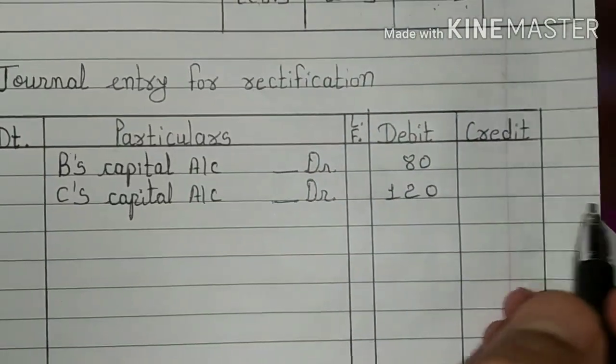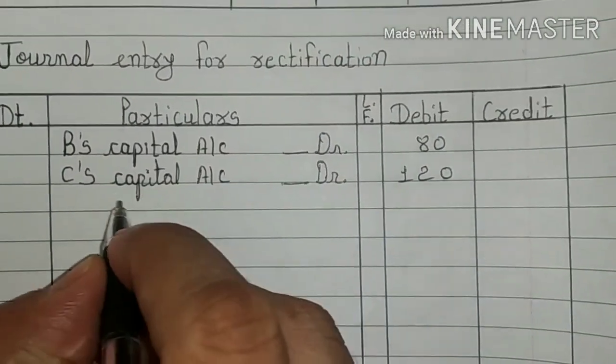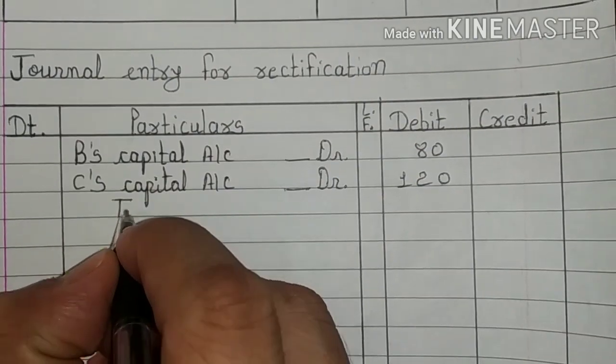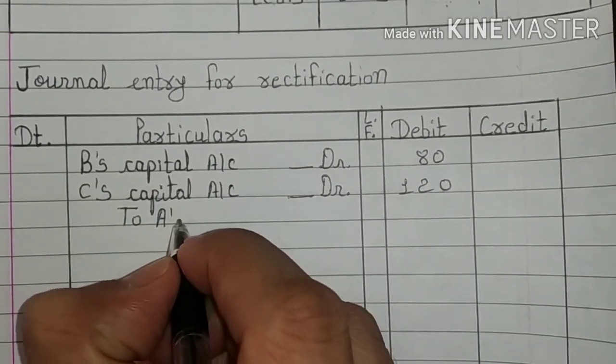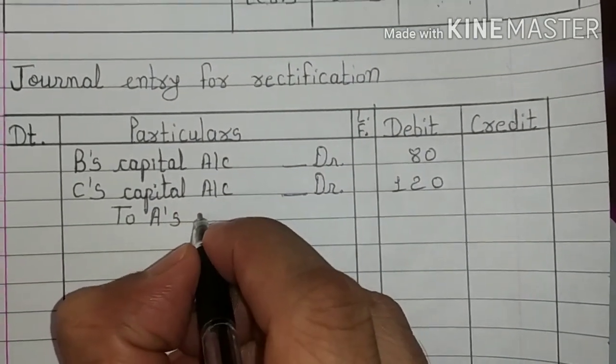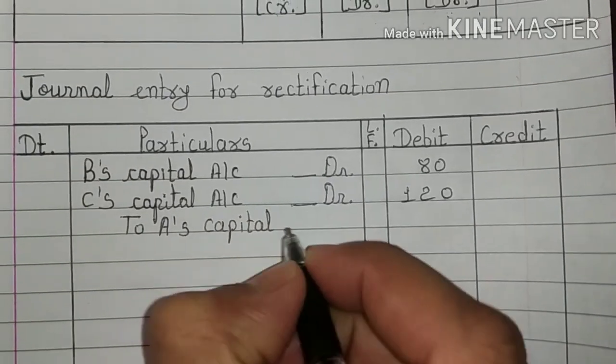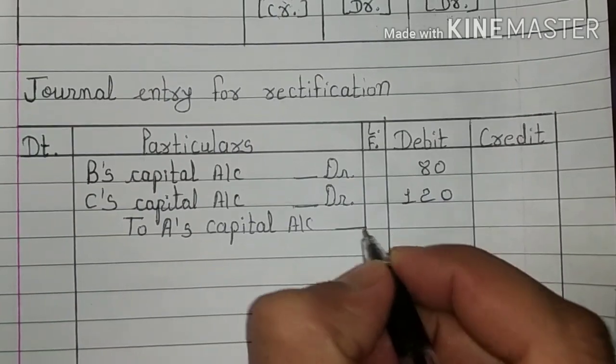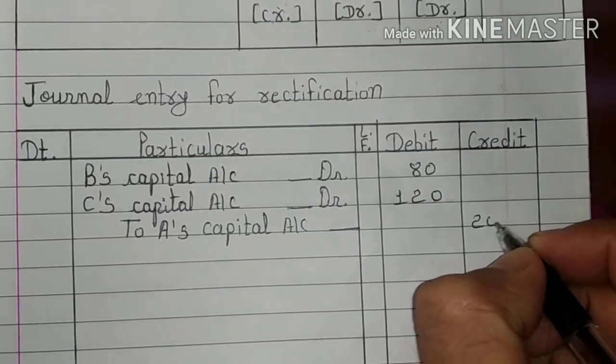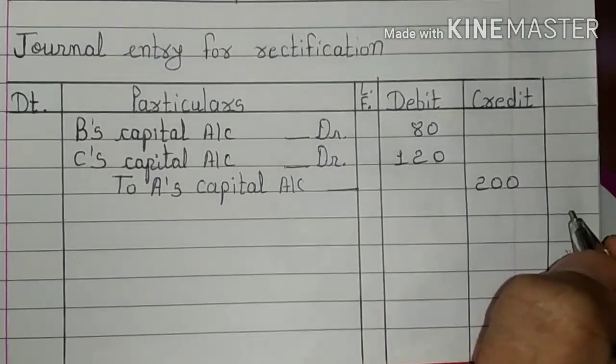So we will write here to A's capital account $200.